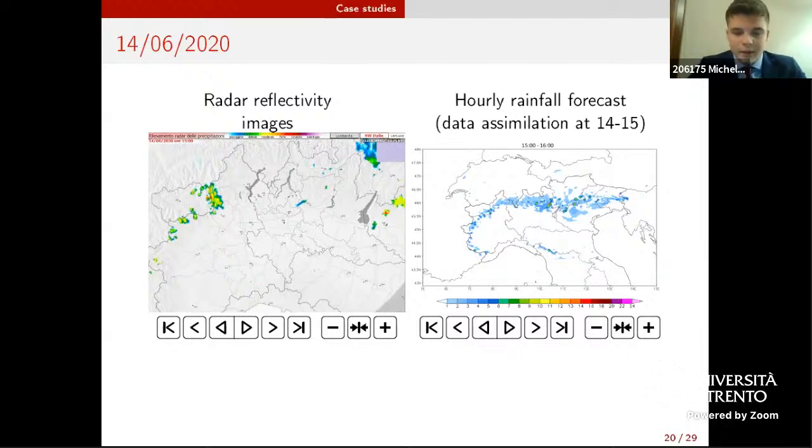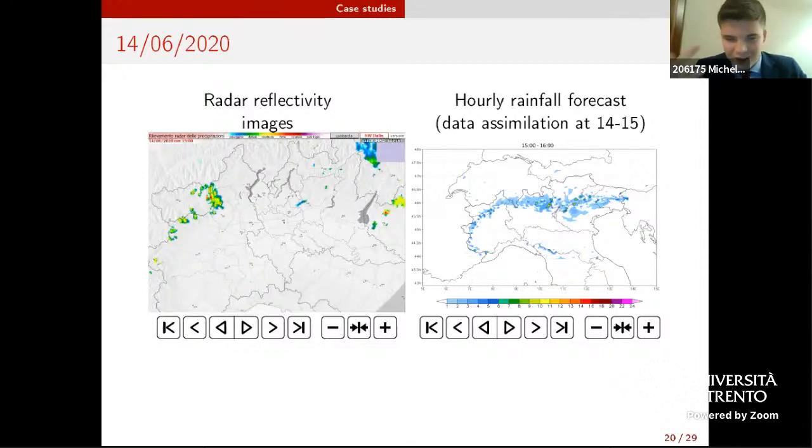And yes, there are some windows of assimilation in which the forecast doesn't improve, but other windows in which the forecast is improved.